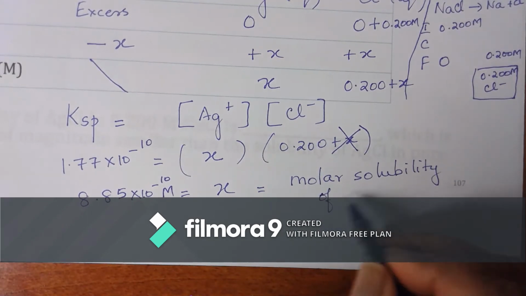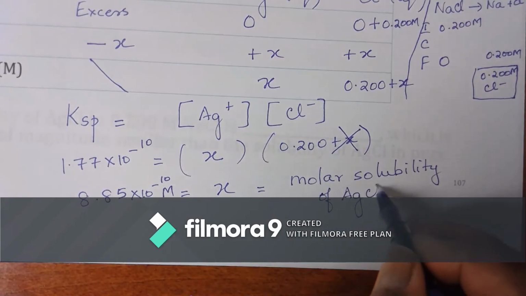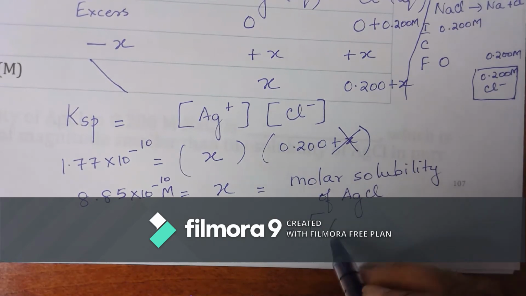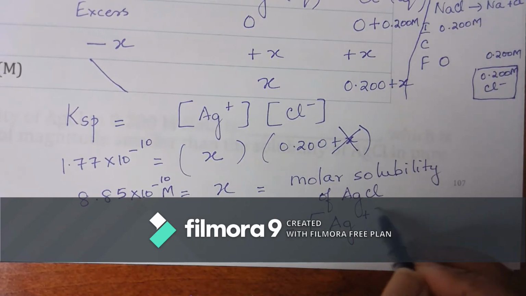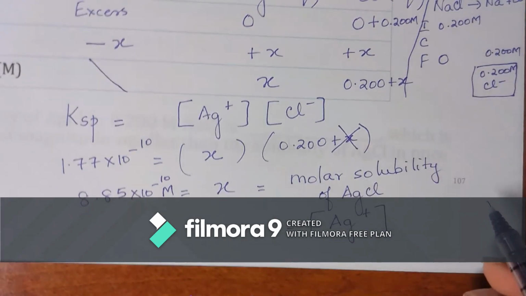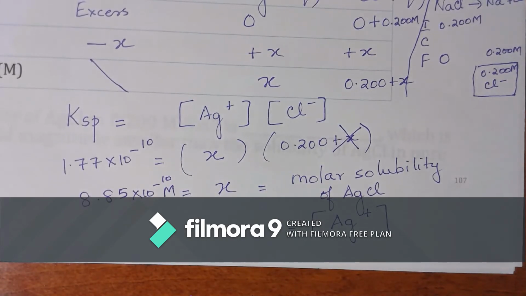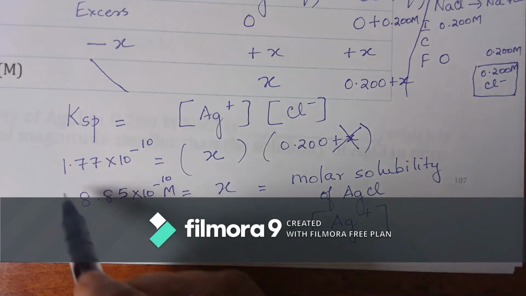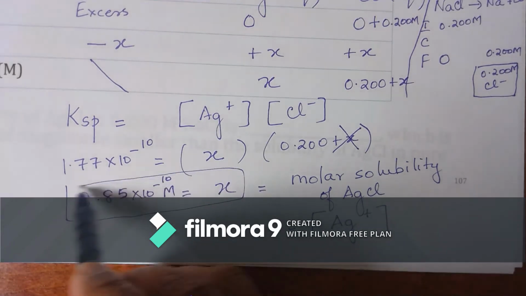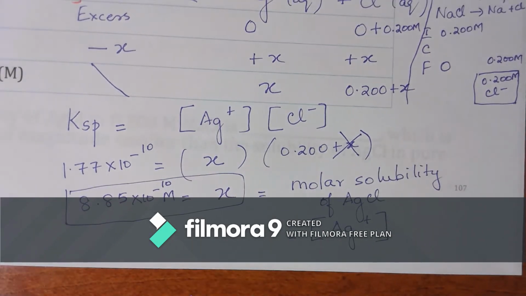Molar solubility of AgCl. This is actually the amount of the cation that goes into solution. Okay, that's what we call the molar solubility. So the value of x when you have added the common ion is 8.85 times 10 to the negative 10.